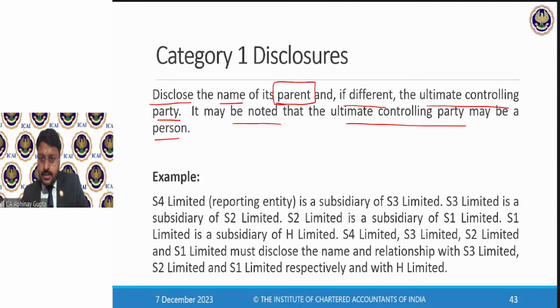S4 is a reporting entity. So S4 is a reporting entity for our purpose. Reporting entity means the entity for which we are preparing the financial statements. Now S4 is a subsidiary of S3.